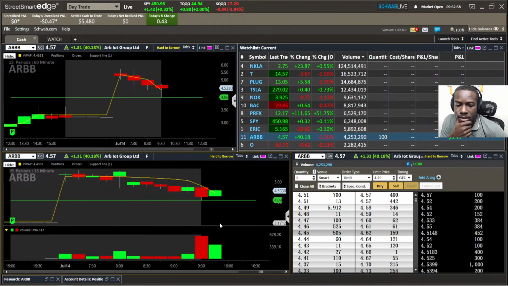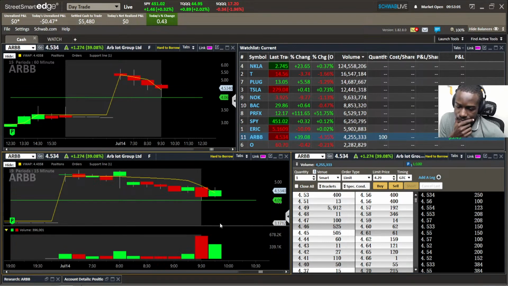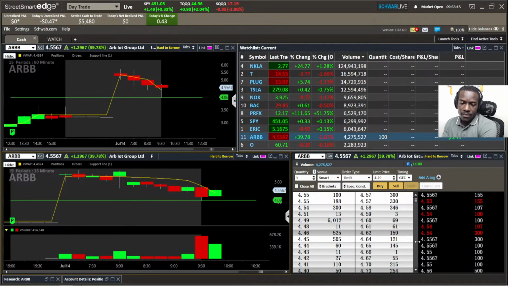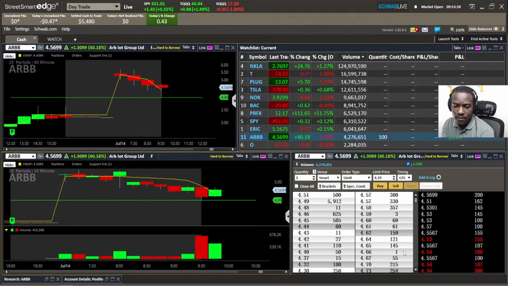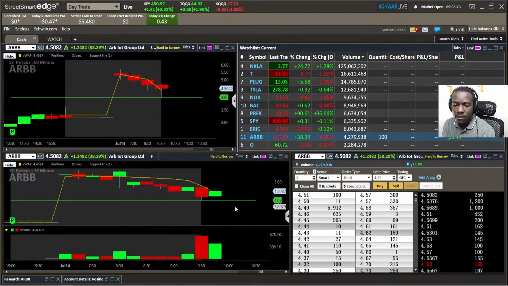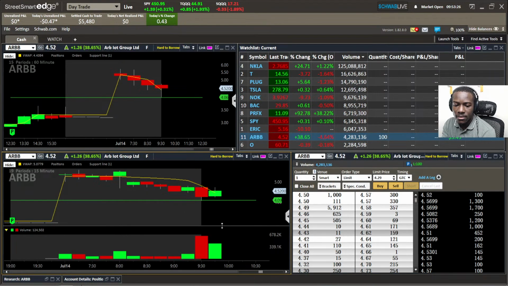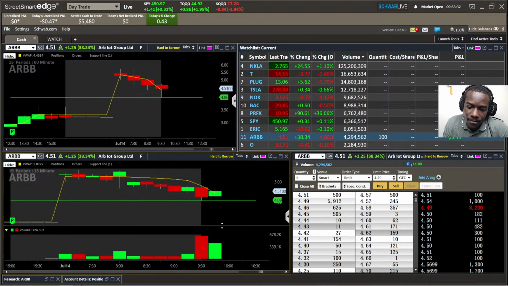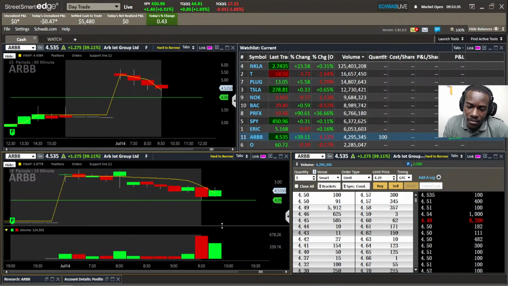Needs to hold the 450s. Can we see some green? We see 57s. Can we get a break of the 60? 57, 57. And at this point, see 50s.